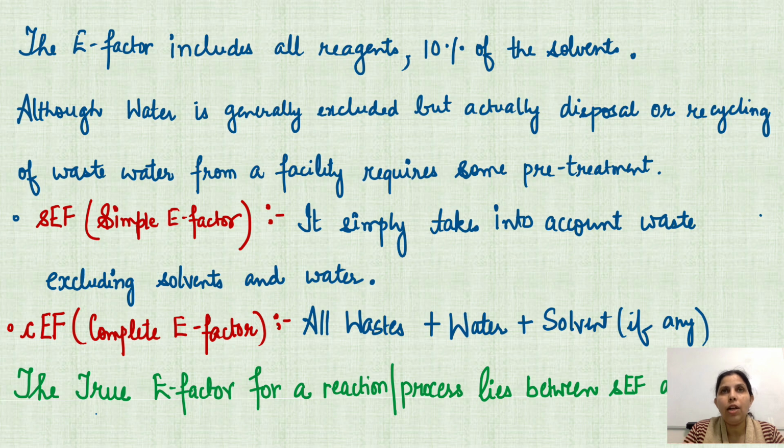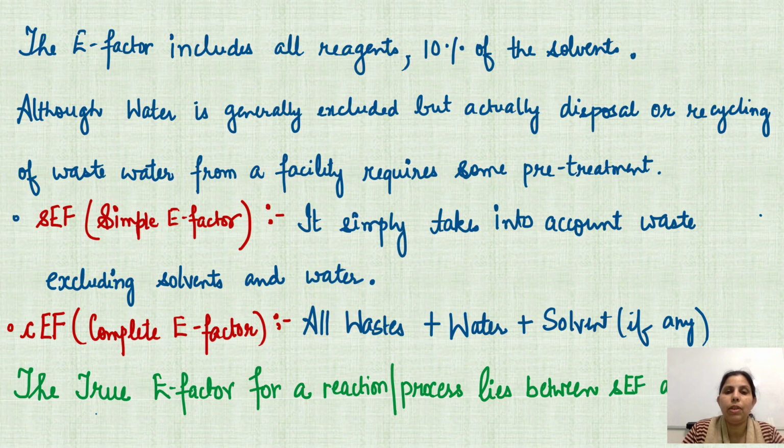So if we start recovering the solvent from each and every step, there are greater chances of cross contamination of the solvents. So although we can say that 90% of the solvents are recovered or recycled, it is not really possible. So water is generally excluded, but actually disposal or recycling of the water also requires some pre-treatments, pH adjustments, or adding some chemicals to do the treatment.